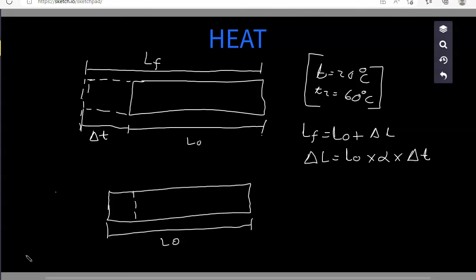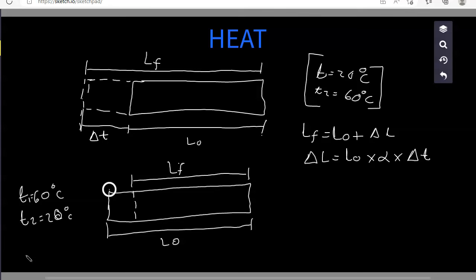Let's say we go from 60, our T2, to 20 degrees Celsius. Now the temperature is going to decrease, and our final length will be this one.